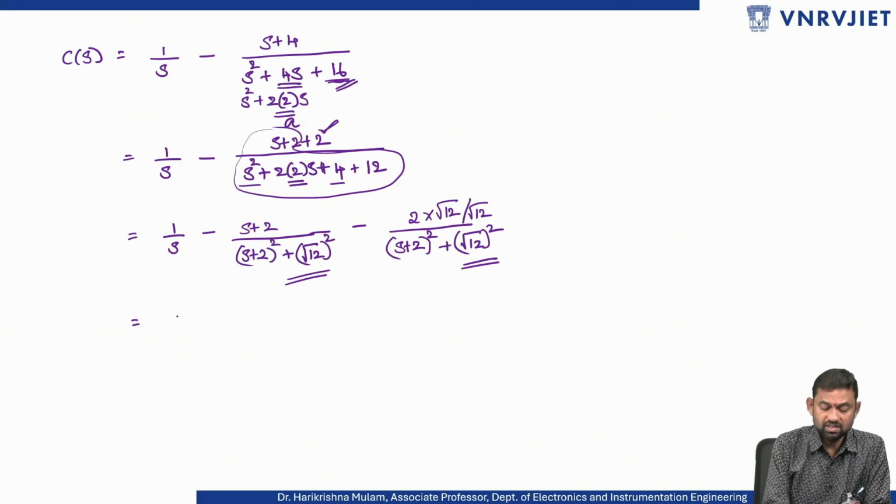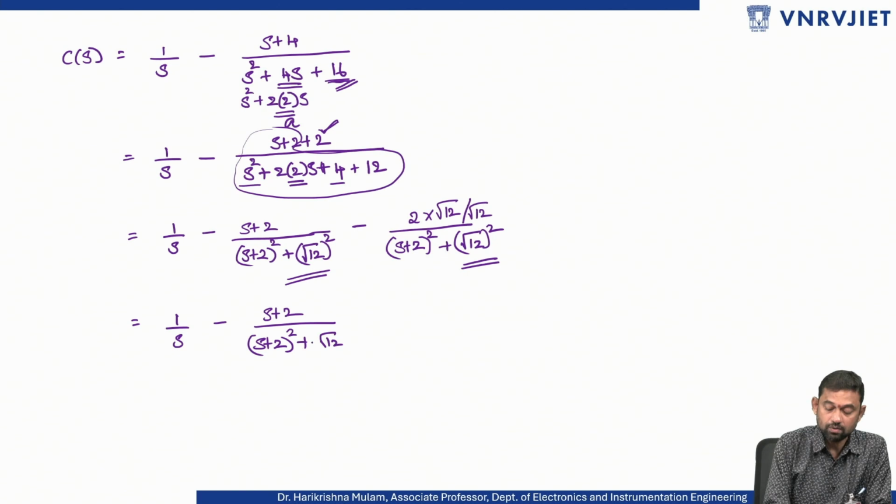Therefore, C of s will be equal to 1 by s minus s plus 2 by s plus 2 whole square plus square root of 12 whole square minus this 2 by square root of 12 is taken out, 2 by square root of 12 into square root of 12 by s plus 2 whole square plus square root of 12 whole square.